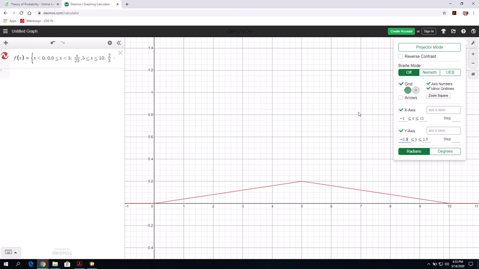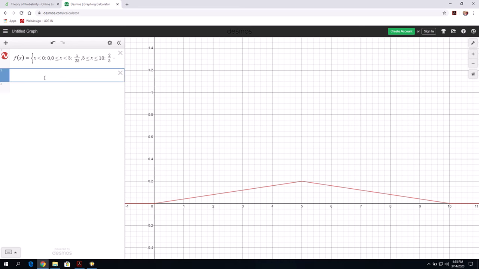And I want to leave room for that 1 up at the top, because we're going to do the cumulative distribution function. For the cumulative distribution function, our capital F of x was equal to what? If x is less than 0, it was 0.